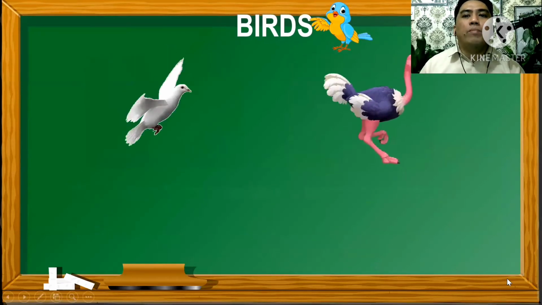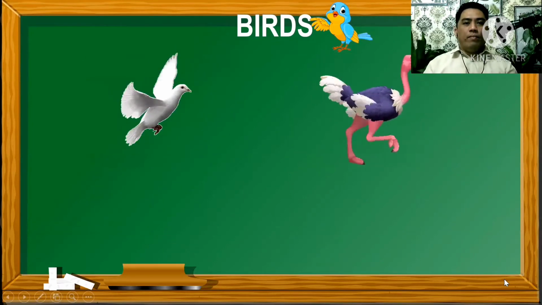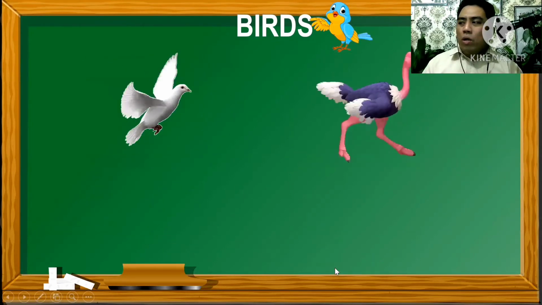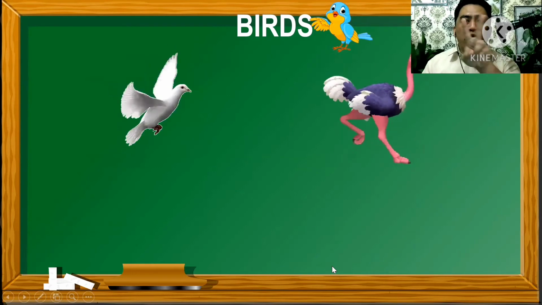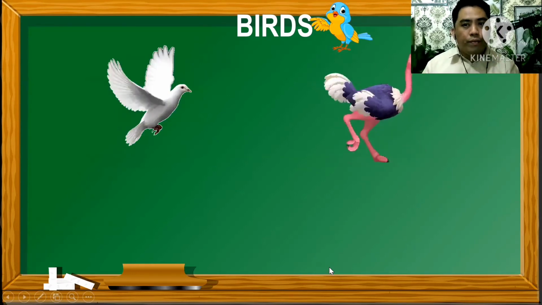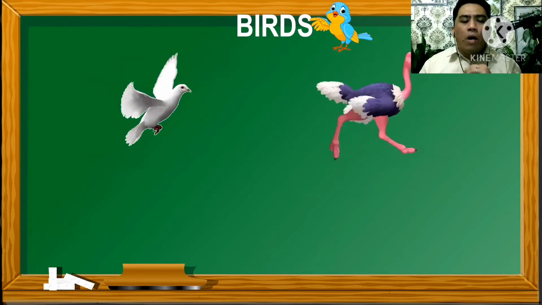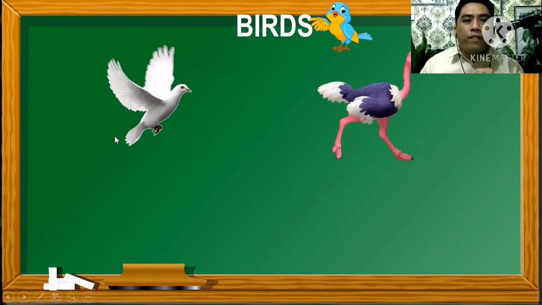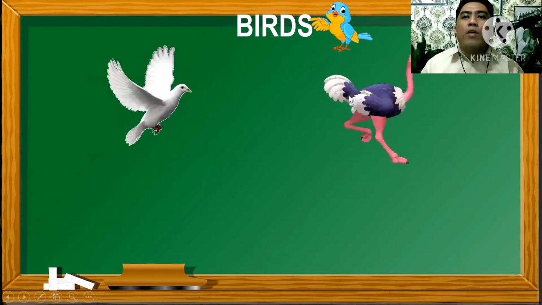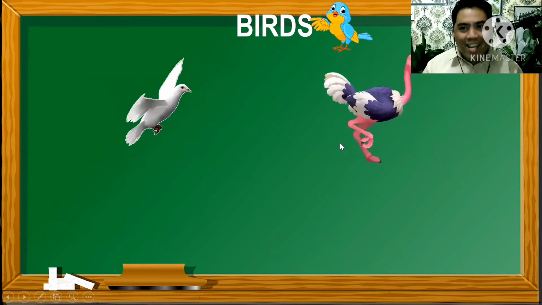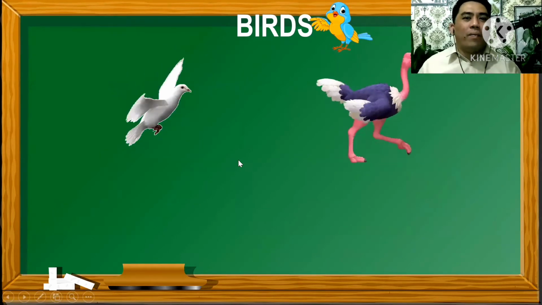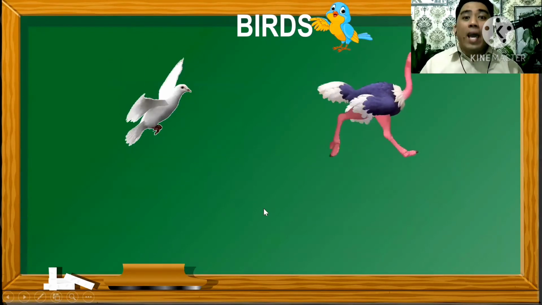Okay. Observe these pictures, class. Can you compare how the two birds move? Okay, what do you think a dove can do while an ostrich cannot do? Okay. Yes, very good.